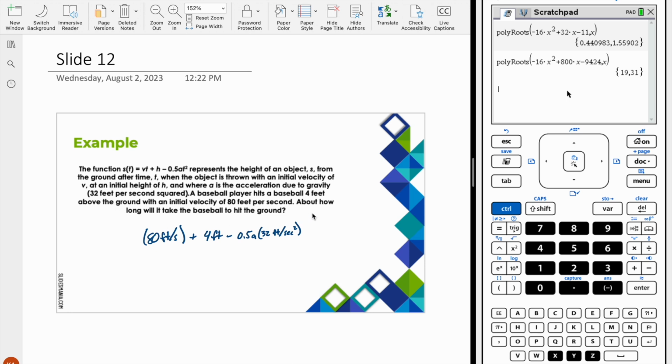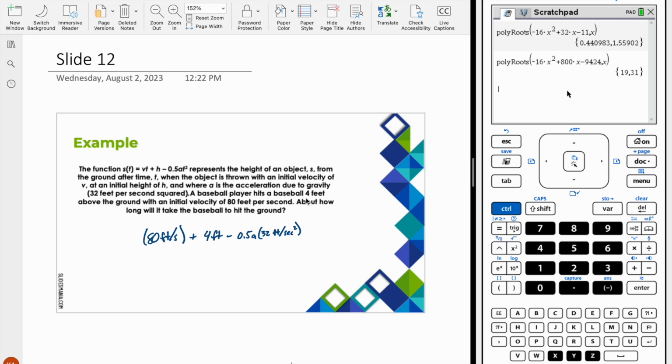Let's mainly focus on setting up the problem itself. In this case, let's talk about the setup as a whole. Our vt is our 80 feet per second, plus the height.